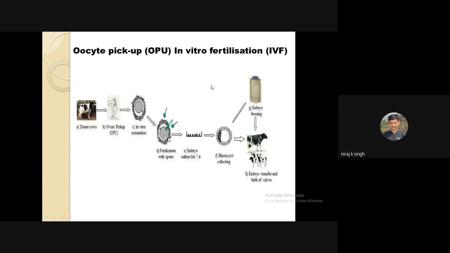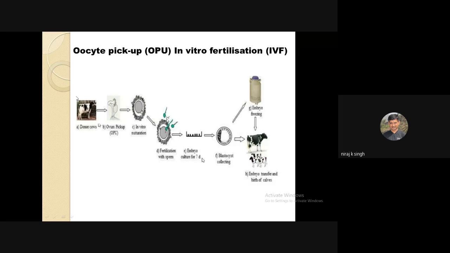After fertilization, there is subsequent culture for 7 days, then the blastocyst will be developed. The blastocyst can either be stored for future purposes or directly transplanted into a low yielder animal. Here, this low yielder animal acts as an incubator.